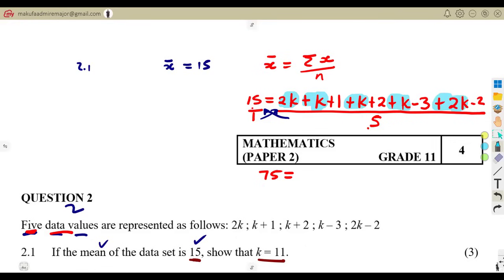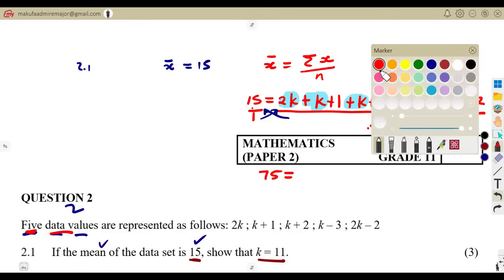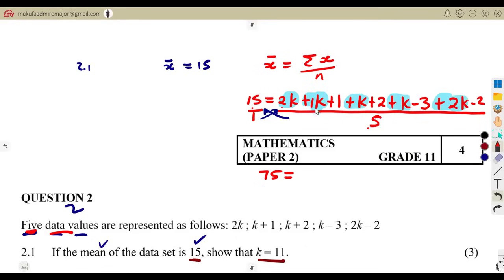So that's 2 plus 1, which is 3, plus 1, which is 4, plus 1, which is 5, plus 2, which is 7. So that's 7k. The numbers that are remaining: 1 plus 2 is 3, and 3 minus 3 is 0.